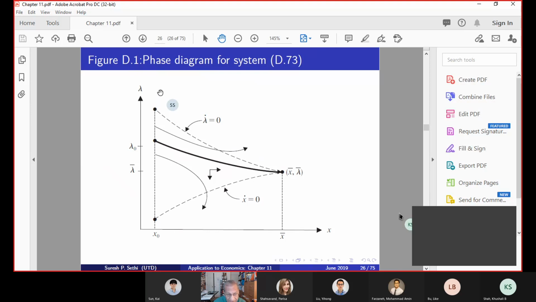What the theorem is saying is that if this x0 line and these two isoclines form a triangle, see the triangle here? This is a triangle. If they form a triangle, then there exists a lambda 0 such that you will get it here. That's all we're trying to prove. So if you go here, it will escape. If you go here, it will escape. But if you go exactly at this point, it will get there.